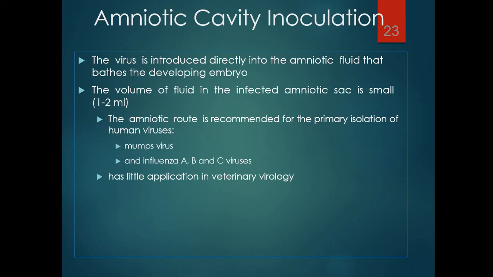Amniotic cavity inoculation. The virus is introduced directly into the amniotic fluid that bathes the developing embryo. The volume of the fluid in the infected amniotic sac is small, 1 to 2 ml. The amniotic route is recommended for the primary isolation of human viruses like mumps virus and influenza type A, type B, and type C viruses.